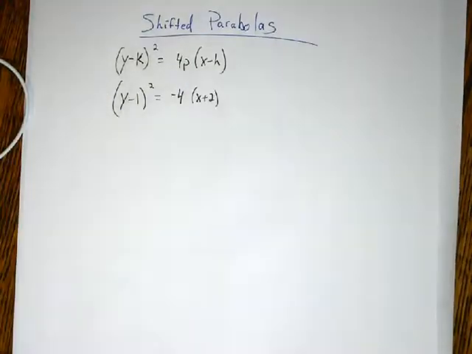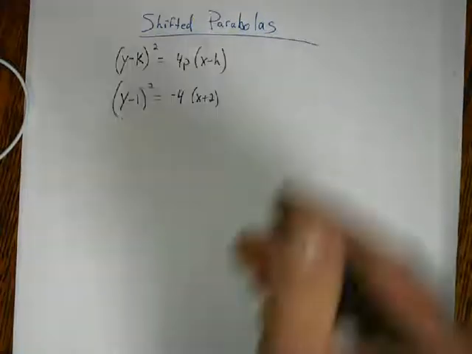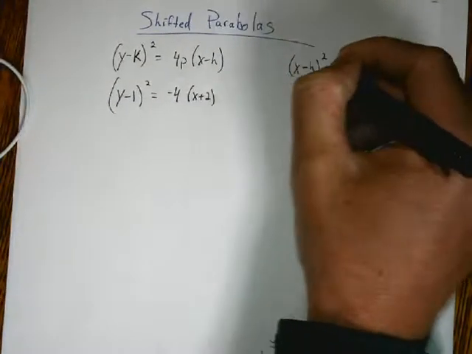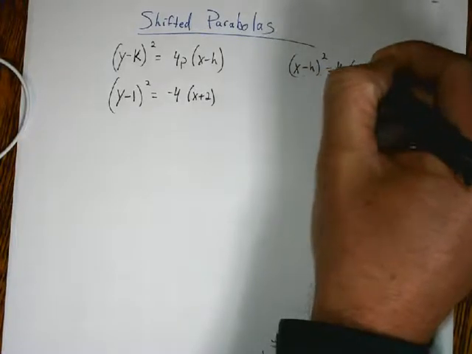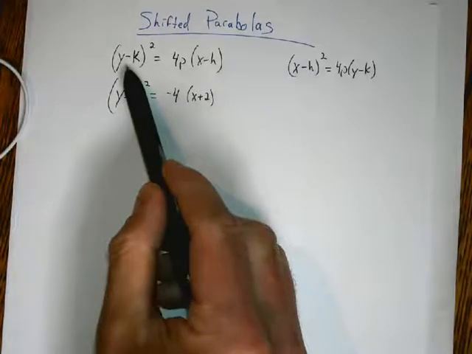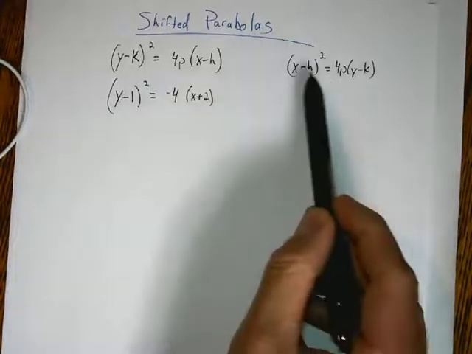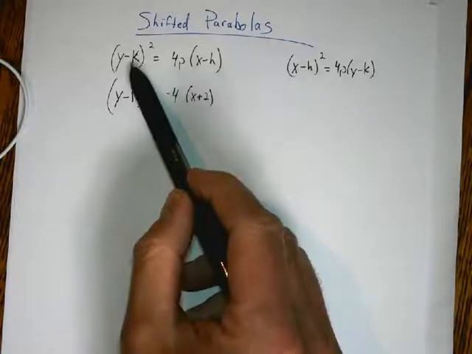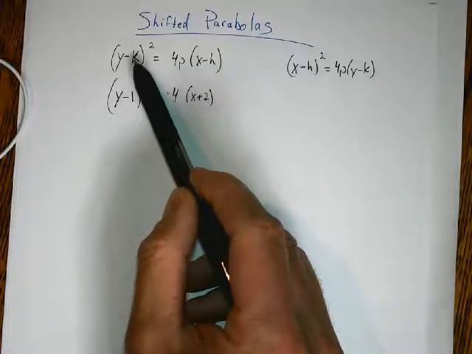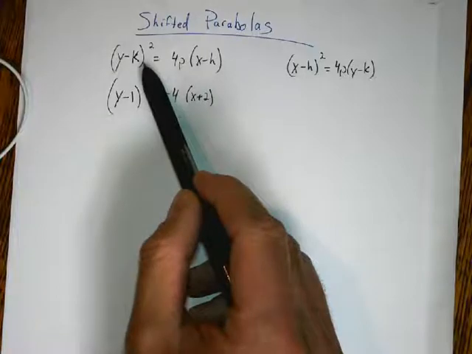So right away, whenever I have a problem like this, I'm going to the other formula here, x minus h quantity squared is 4p times y minus k. Now, one thing I want you guys to notice is that when you have a y squared parabola, I guarantee half of you will make the mistake of assuming the values of h and k will always be in that order.